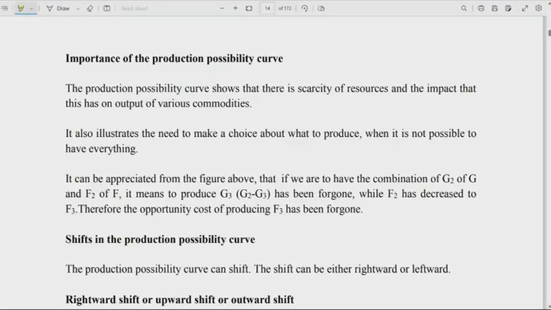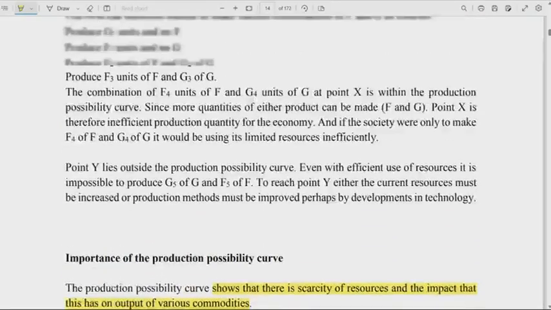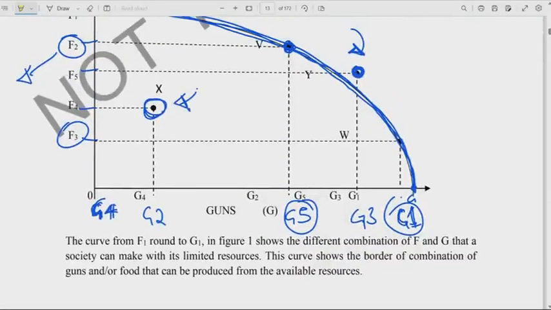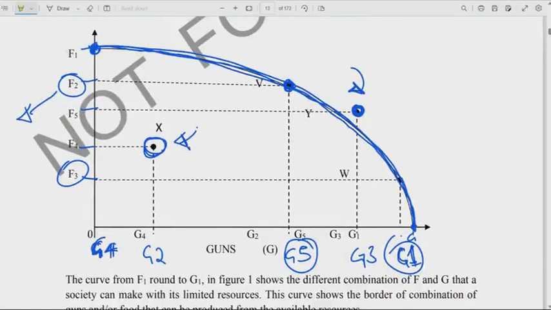The first importance is that the production possibility curve shows that there is scarcity of resources and the impact that this has on the output of various commodities. It actually highlights that there are indeed limited resources and how this is impacting on the outcome of commodities. We saw here that we can't produce everything, all the guns and all the food.